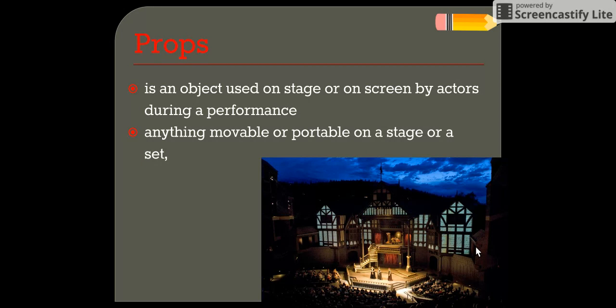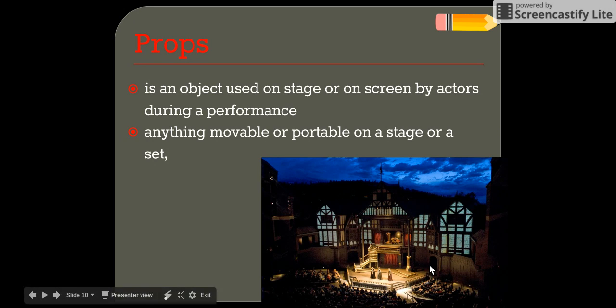Props. Props is an object used on stage or on screen by actors during a performance. Anything movable or portable on a stage or a set. So props are basically like the costumes that they wear. If there's a book in the play that they're supposed to be carrying, that would be considered a prop. If you look at this picture right here, you see the stage and how they have stairs, they have curtains.